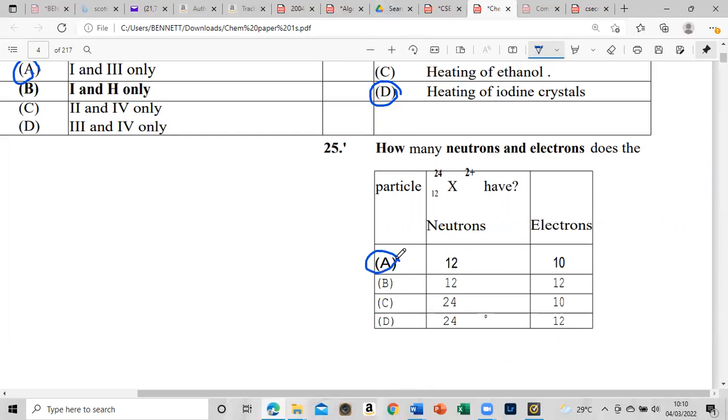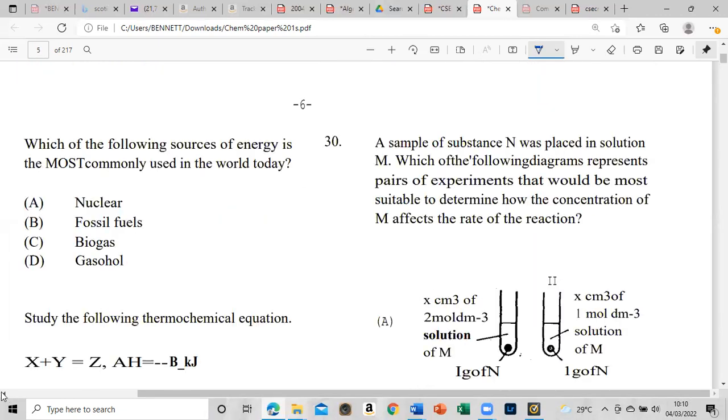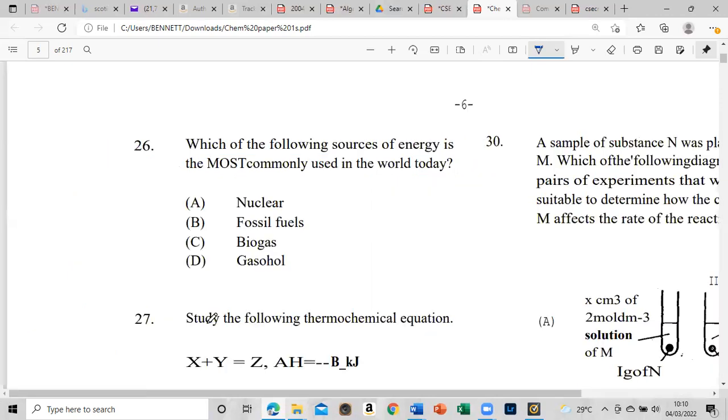So 25 would be A. Let's move on to 26. Which of the following sources of energy is the most commonly used in the world today? Is it nuclear, fossil fuels, biogas, or gas oil? And that would be B, fossil fuel.